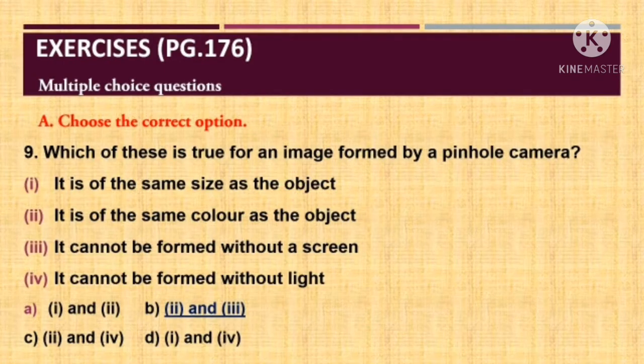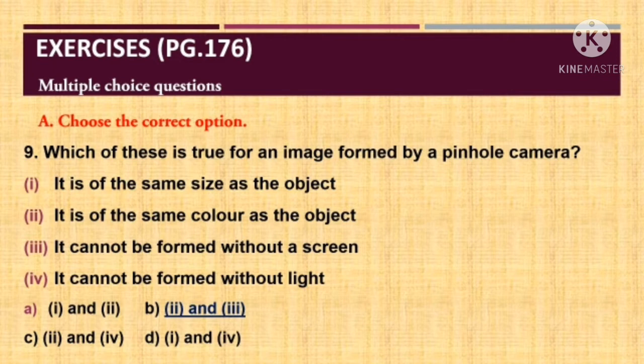Question 9. Which of these is true for an image formed by a pinhole camera? 1. It is of the same size as the object. 2. It is of the same color as the object. 3. It cannot be formed without a screen. 4. It can be formed without light. A. 1 and 2.